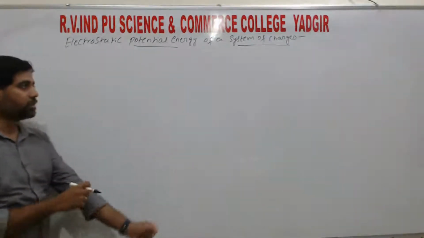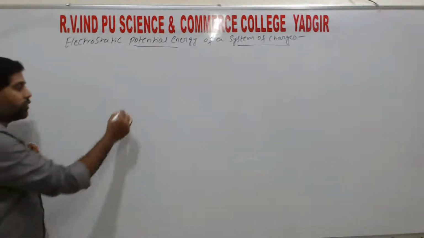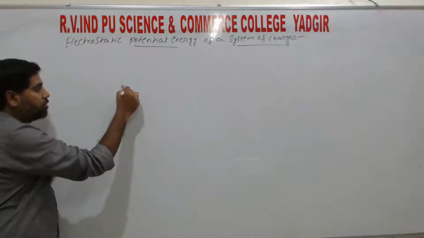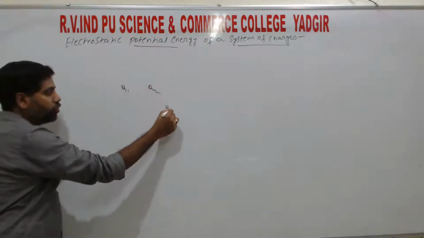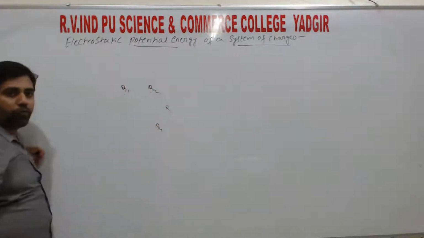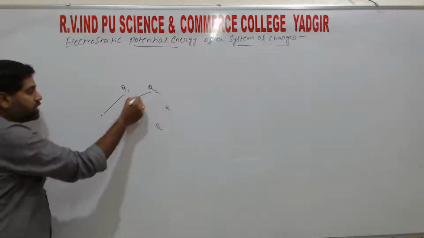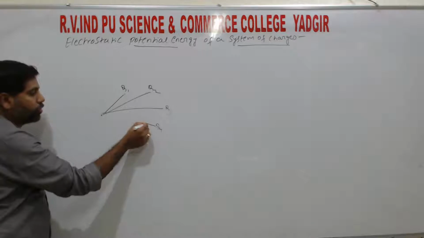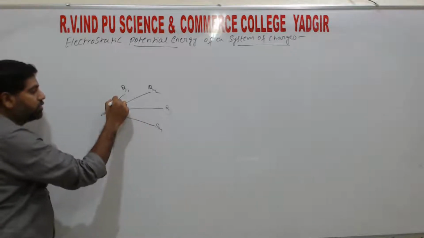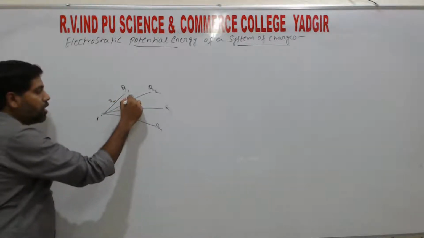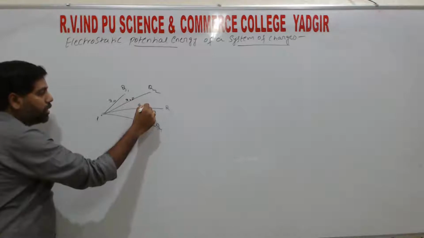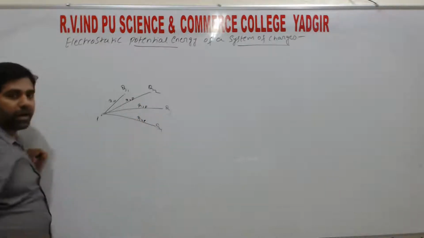So as we discussed in the potential due to the system of charges, right? So here we have a number of charges Q1, Q2, Q3 and Q4. So if we find the potential at any point from these charges, Q1, Q2, Q3 and Q4 are at distances r1p, r2p, r3p and r4p, right?